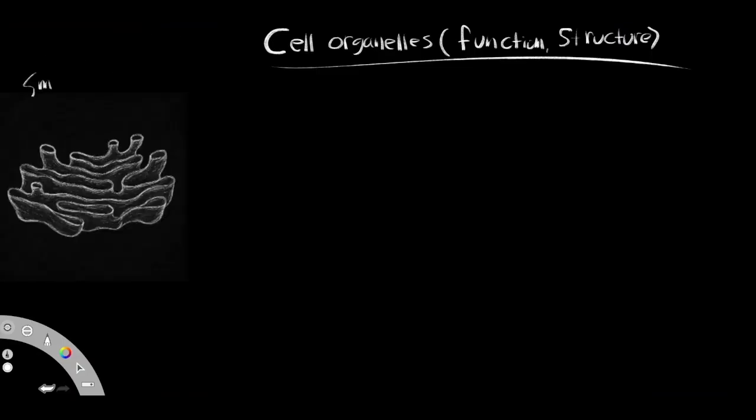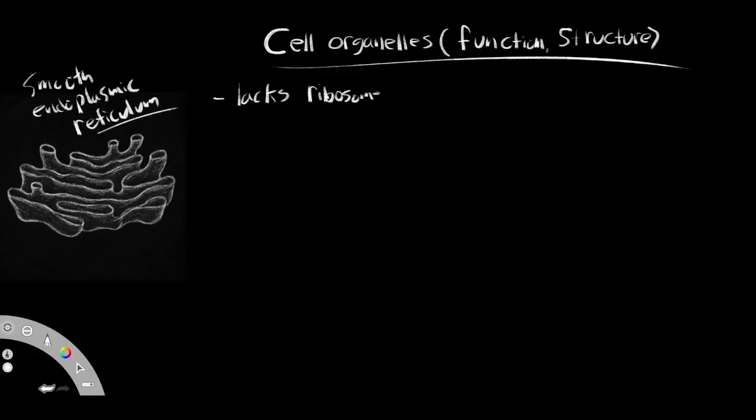What we have over here is the smooth endoplasmic reticulum. It lacks ribosomes, so unlike what we just saw, where it had those dots, those ribosomes, the smooth endoplasmic reticulum does not have them.